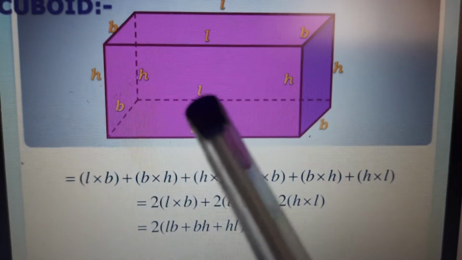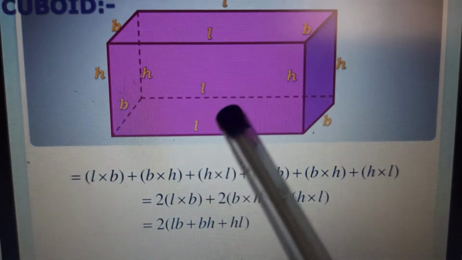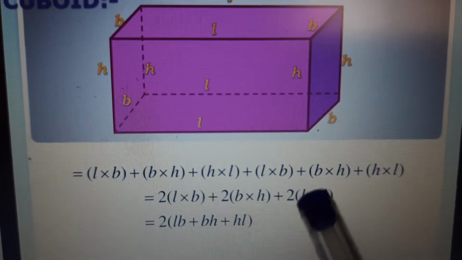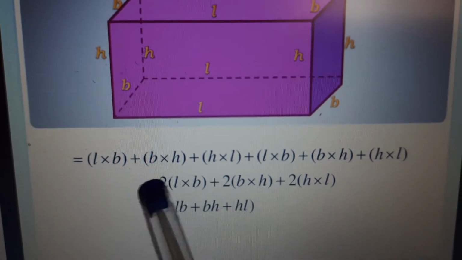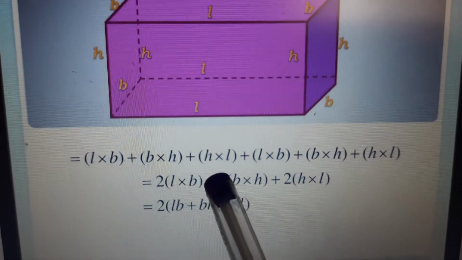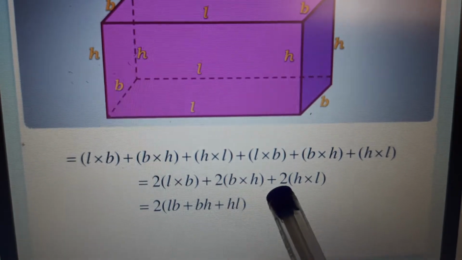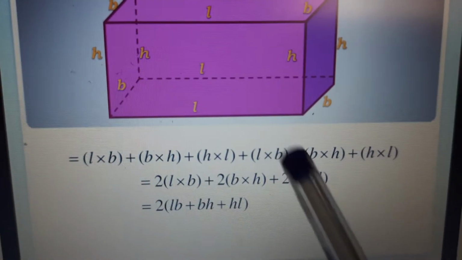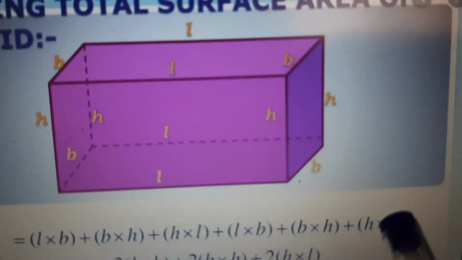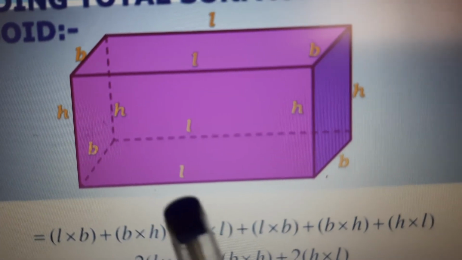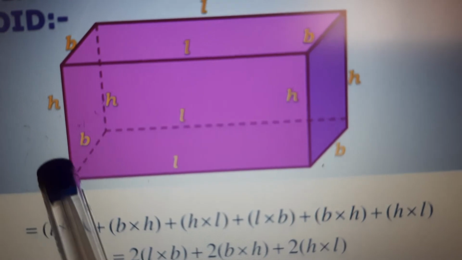Total surface area of a cuboid is, you can see, these are length, right? So total surface area of the cuboid is L into B, that is length into breadth, plus breadth into height, plus height into length, plus L into B, that is repeated, no? Because we have that many, plus B into H, plus H into L. So here with the figure you can see, right? Length into breadth, right?